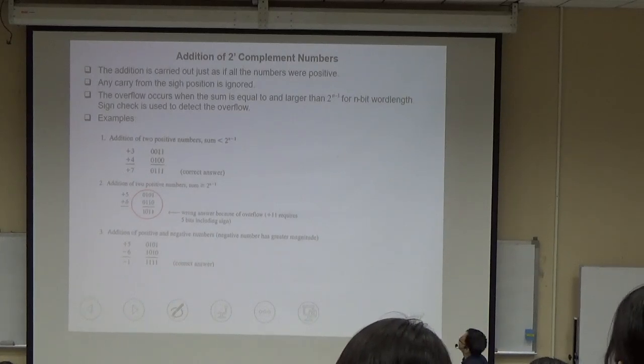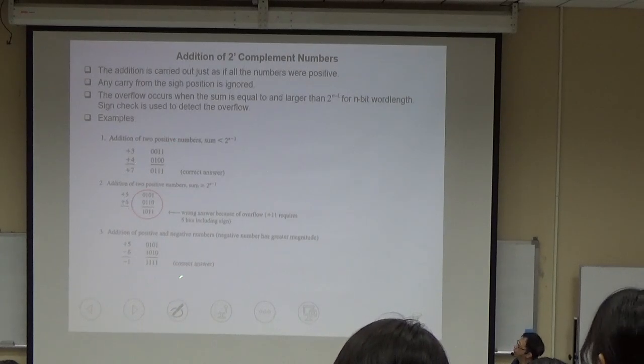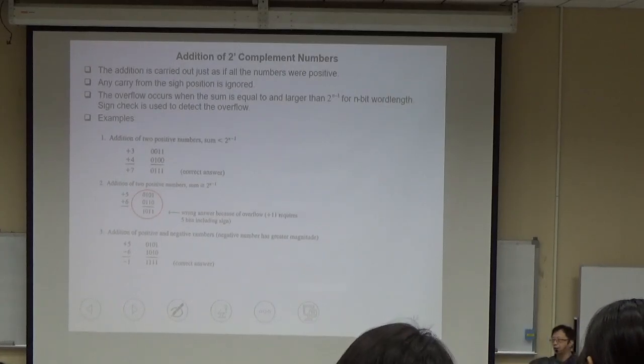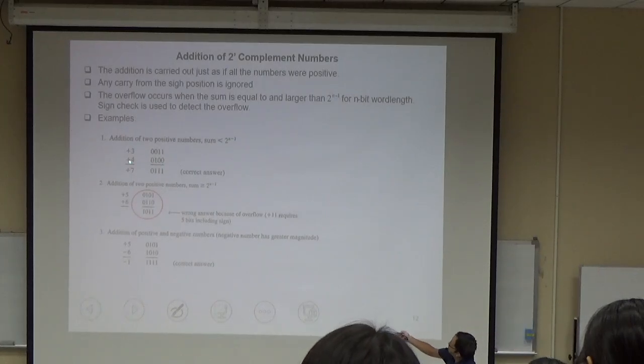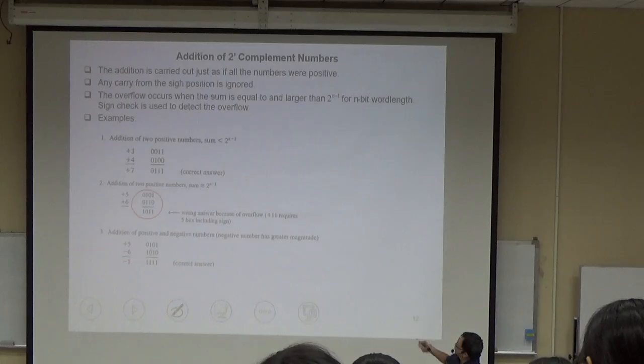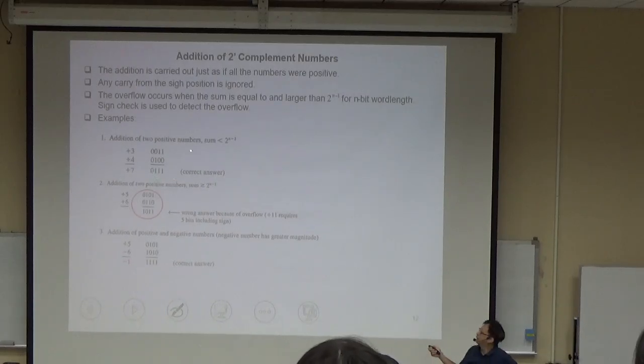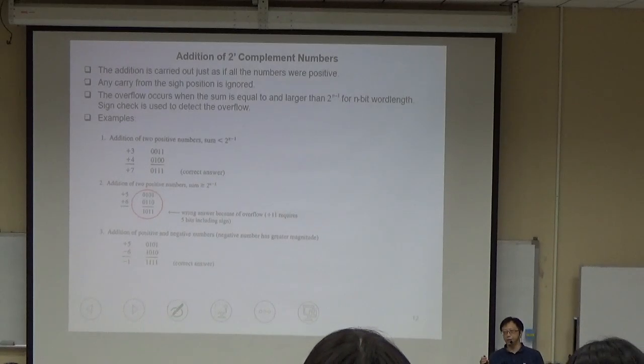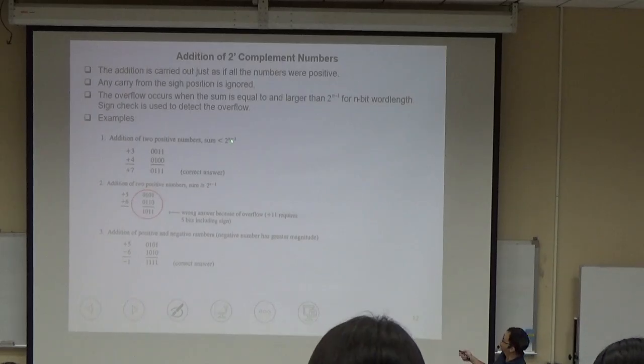So these are a couple of examples to explain what the above paragraph mentions. The first one, the addition of 2 positive numbers, and the result is smaller than 2 to the power of n-1.